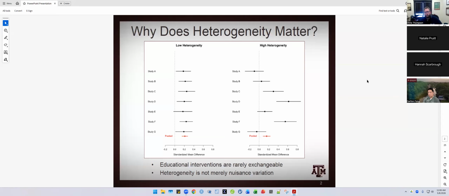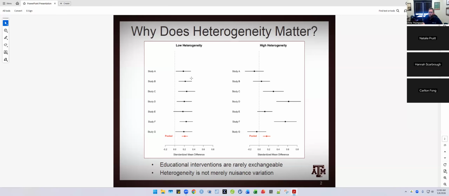So first, to start here, here are two forest plots, right? On the left side, we have some studies, from study A through study G, where the center or the true effect is more or less the same.